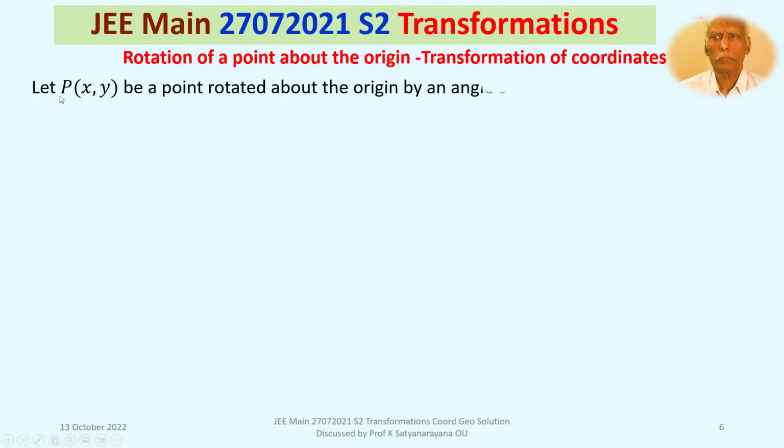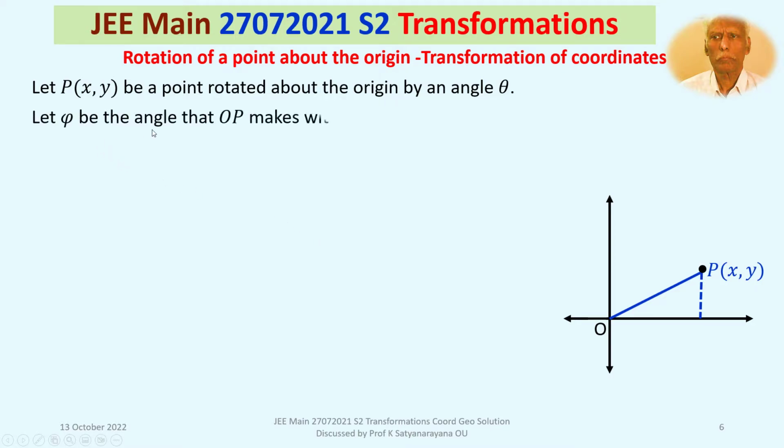Let P with coordinates (x, y) be a point rotated about the origin by an angle theta. So we have the x-axis, y-axis and the origin, and that is the point P with coordinates (x, y). Let phi be the angle that OP makes with the positive x-axis.